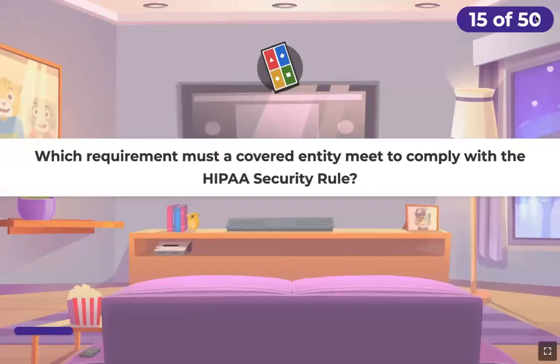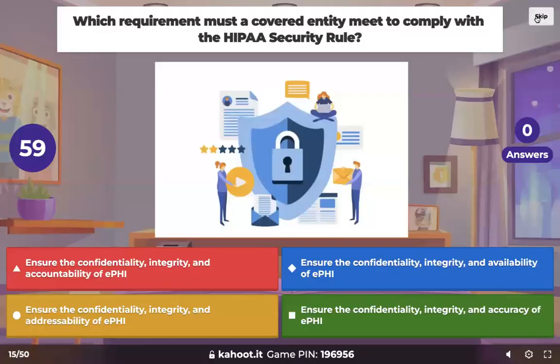All right, next question. Which requirement must a covered entity meet to comply with the HIPAA security rule? Which requirement? 45 seconds. Take your time.